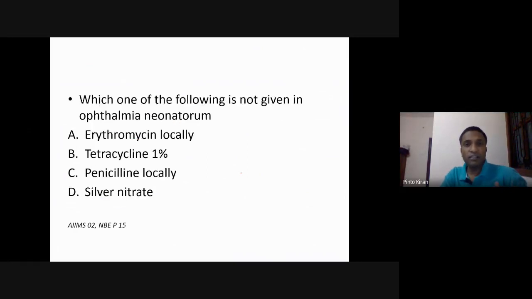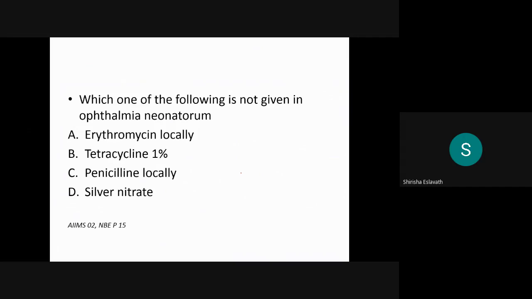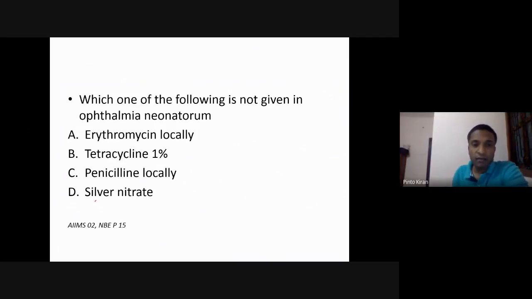Which one of the following is not given in ophthalmia neonatorum? Option A, erythromycin locally; B, tetracycline; penicillin locally; or silver nitrate. Silver nitrate. Yes. Okay. I told you, right? This was given in the olden days to prevent ophthalmia neonatorum because at that time gonococcal infection was very prevalent.